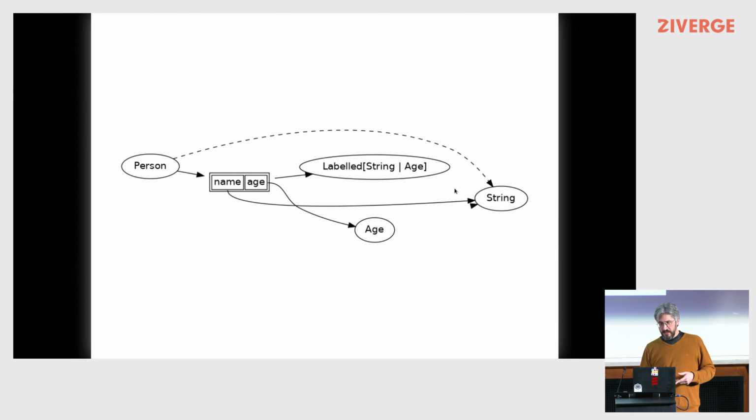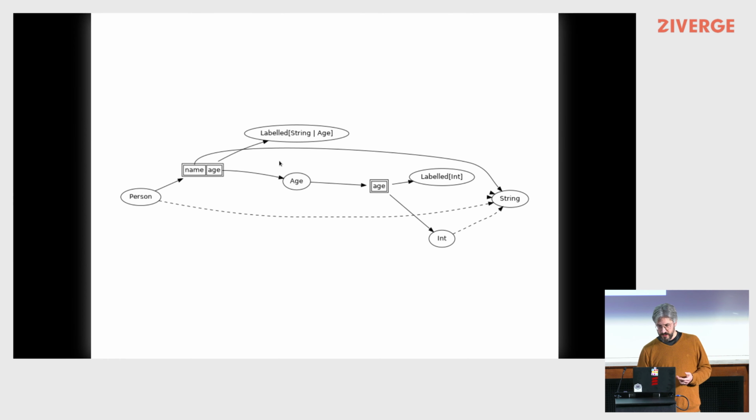But now comes the recursive part. Name already has a path to string, great, but age is a wrapper of int, so this doesn't have a string, so this will fail at this step. Well, not fail, it couldn't do that. So we'll need to recursively apply the tactics that we saw. Is there any direct path? There's not, but now age is a label of int, so person has name and age, and now age is peeled into a wrapper.